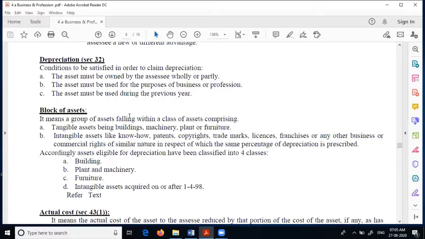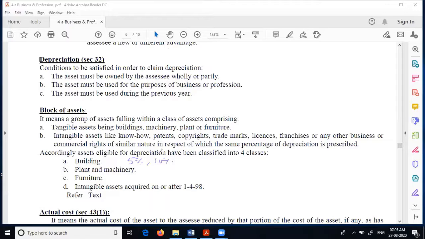As I discussed in the last class, there were certain blocks of assets which you need to keep in mind, because those compartments are required. What are the blocks? 5% block, 10% block, and what is the next block for building? You remember?